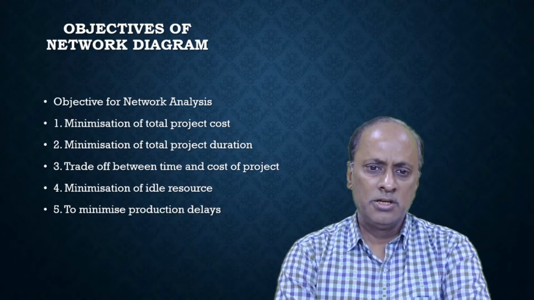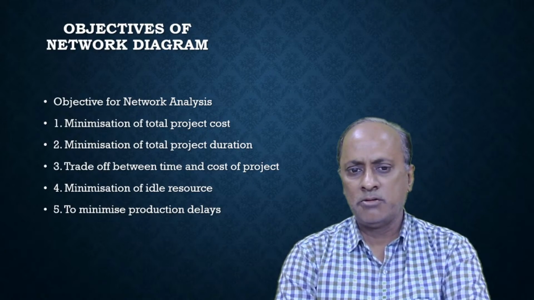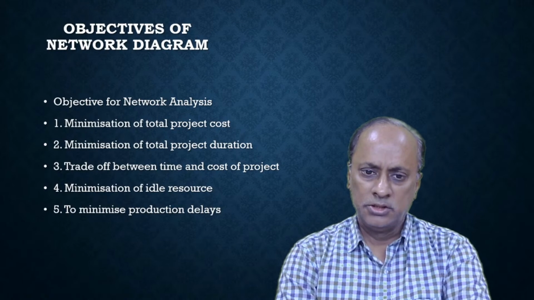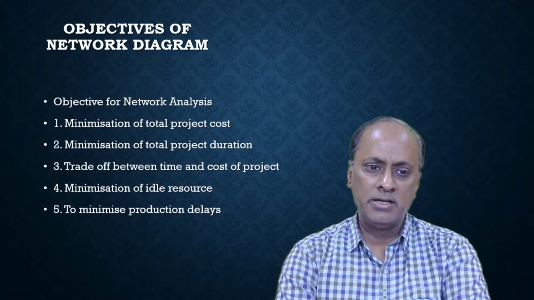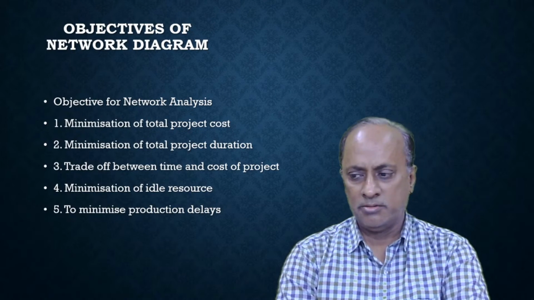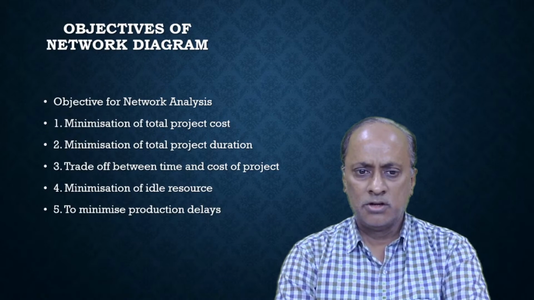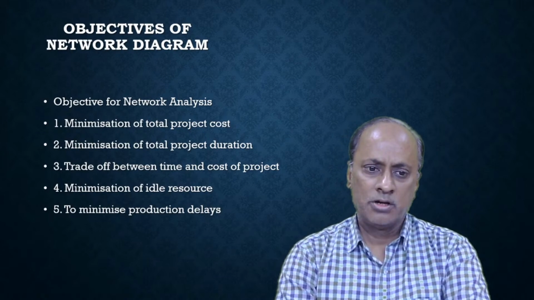Suppose the project needs to be completed in a particular time, say 1 year or 2 years. If it exceeds the planned duration, there may be some penalties. To overcome these penalties, we use the network diagram. So the network diagram is very useful for planning the time and controlling the trade-off between time and cost.